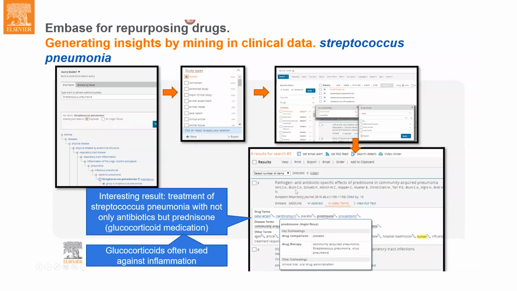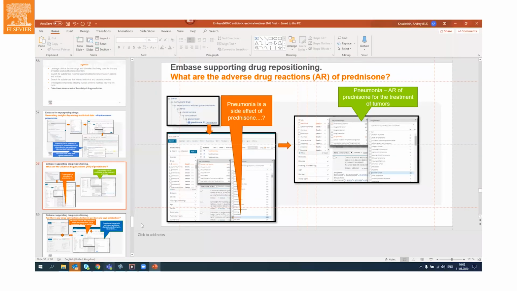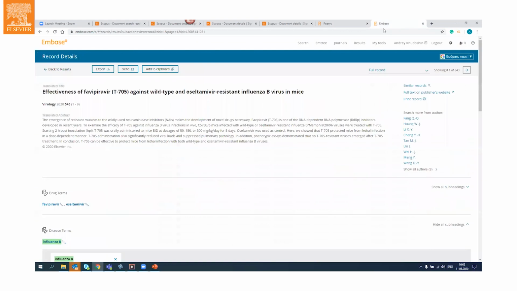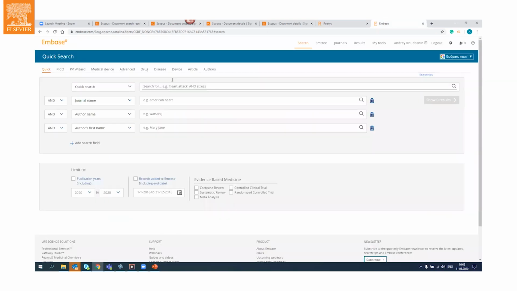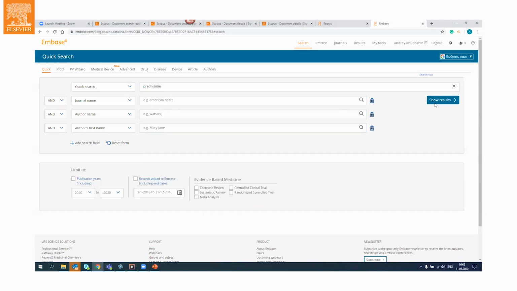But we got this insight, and let's assess the idea of using prednisone. With the database, with Embase, we can assess the side effects of the drugs. I will remind you: you start from the first screen, you type the name of the drug.